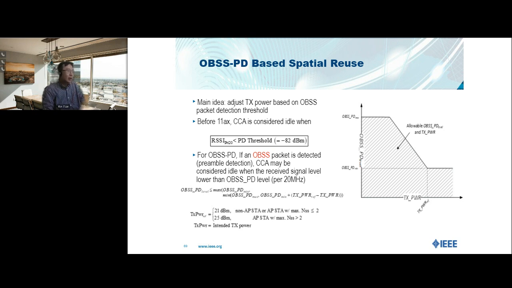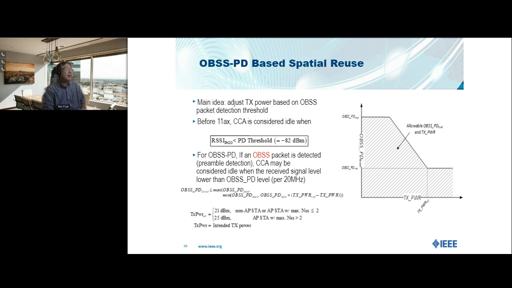Okay. Now, you can find that depending on deployment scenario and different configuration, this may not be the best way to optimize the network throughput. So the idea is that it's possible to adjust the TX power to achieve a different threshold. That essentially is the idea of OBSS-PD. Look at the plot on the right-hand side. Essentially, you have a shaded area, and you have a line there.